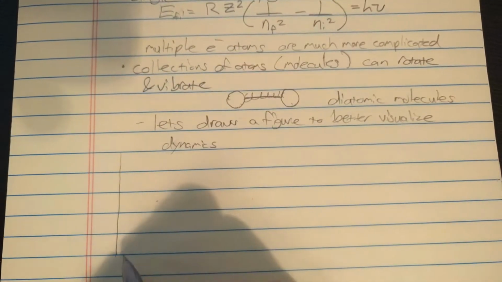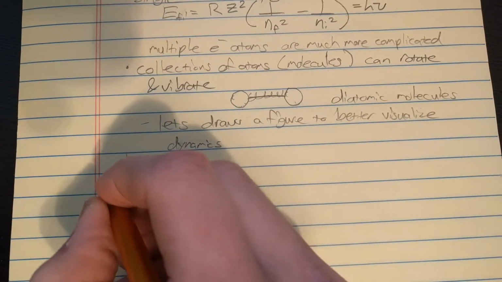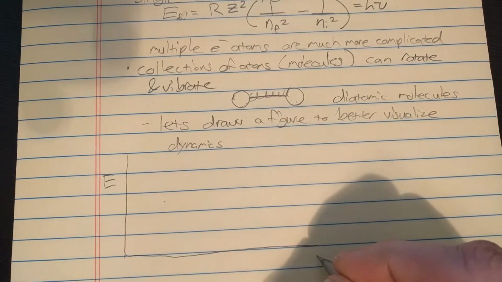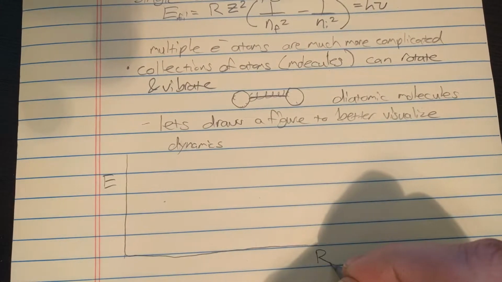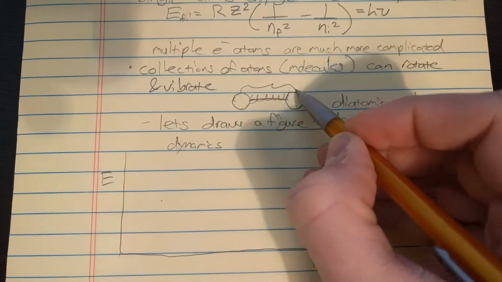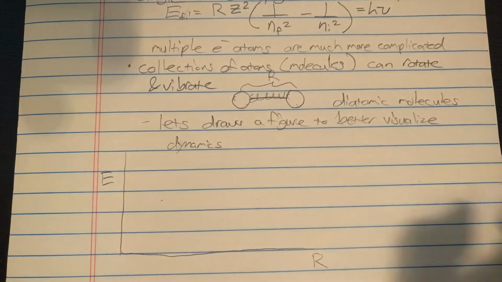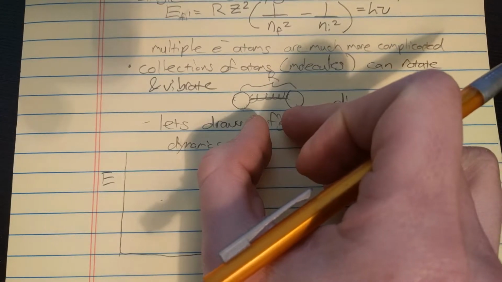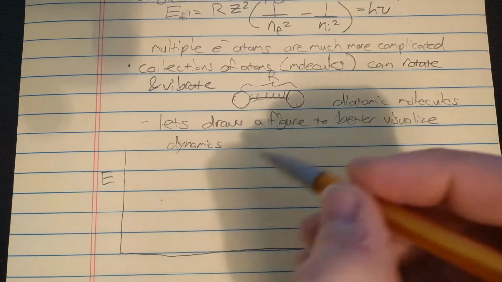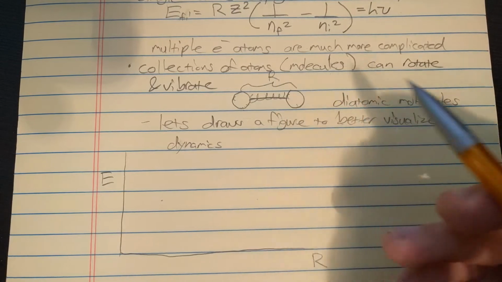So we draw a plot, and on the vertical axis is the energy, and on the horizontal axis is the distance, which I'll call r, between these two atoms. r is able to vary because the atoms are vibrating. Sometimes the atoms are close together, and at a different time they may be further apart. And depending on how far apart they are, that's going to affect the energy of the whole molecule.